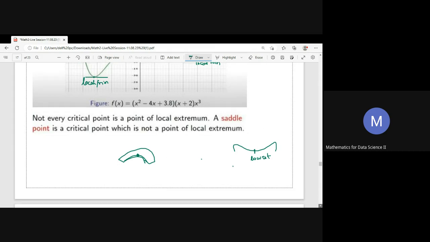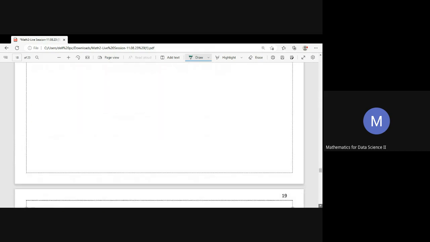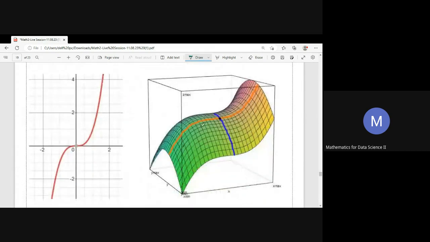I guess I have a better graph to show what a saddle point is. Look at this graph. Along this yellow curve, this point is not a very minimal or maximal point. Along this yellow or orange line, you can see that this is kind of the minimal point. But what happens along the blue line?